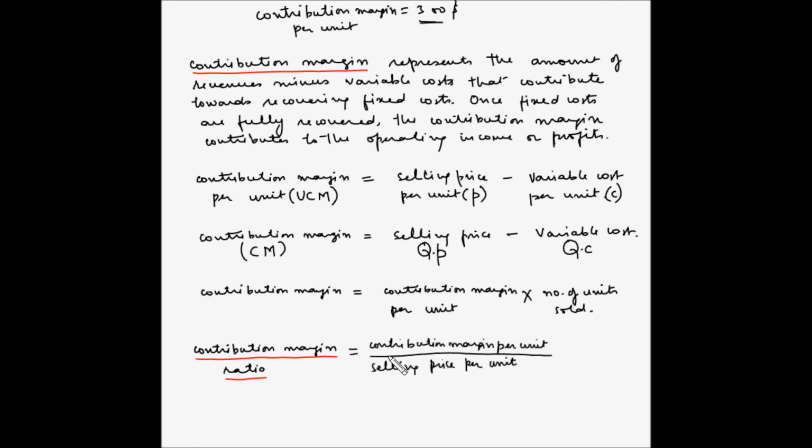And if we have to find out the contribution margin percentage, then we take contribution margin per unit divided by selling price per unit multiplied by 100 in order to get it in percentage terms.